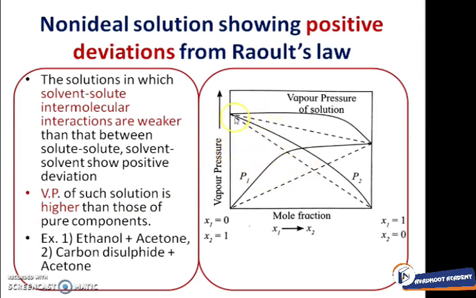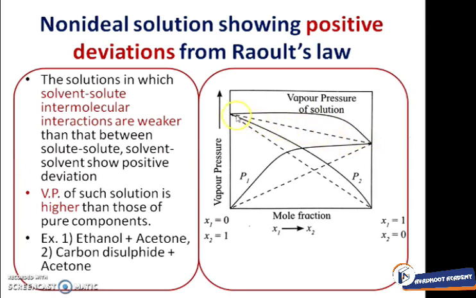Now look at this diagram. The dotted line represents the ideal behavior. In ideal behavior, the vapor pressure of component A increases as the mole fraction increases. So this is for A2, that is the other component, and this is the total pressure when the solution behaves ideally. But as this is a non-ideal solution showing positive deviation, the actual total pressure is greater than the ideal value.